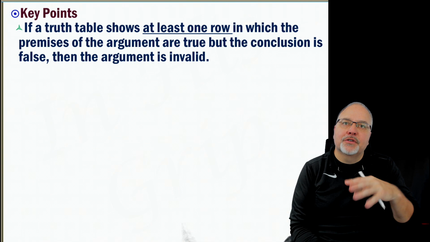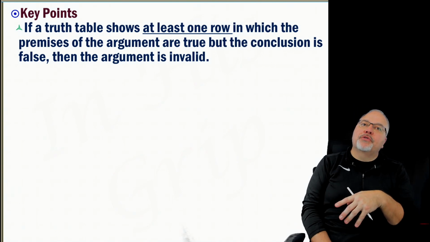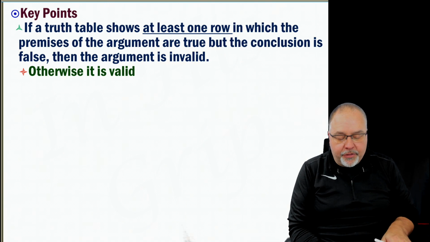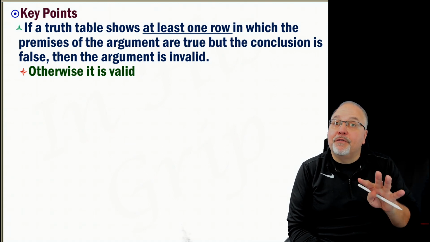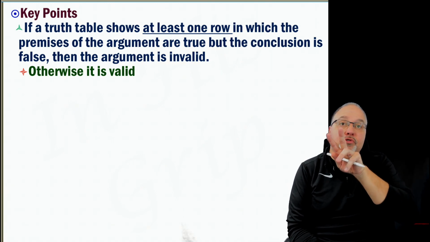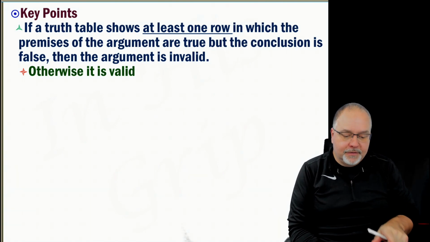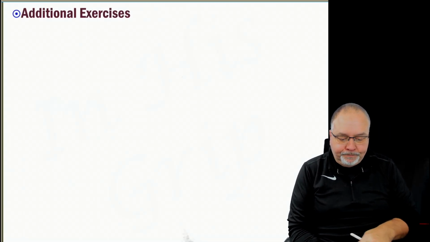So this is why we have to do complete truth tables for these. Otherwise, if you don't have a row where the premises are true and the conclusion is false, it is valid. Here we go.